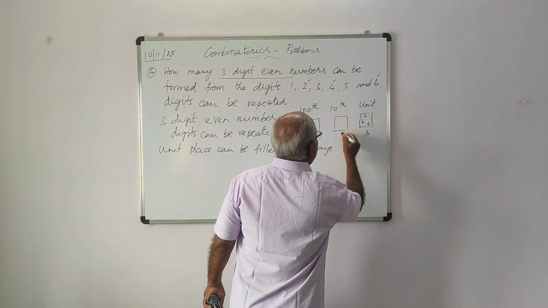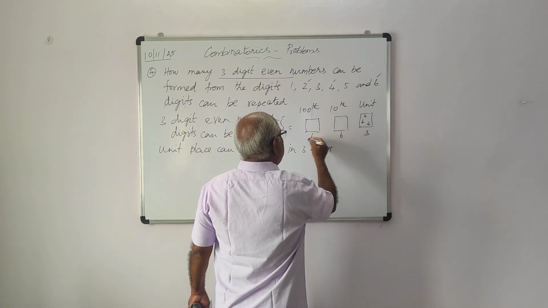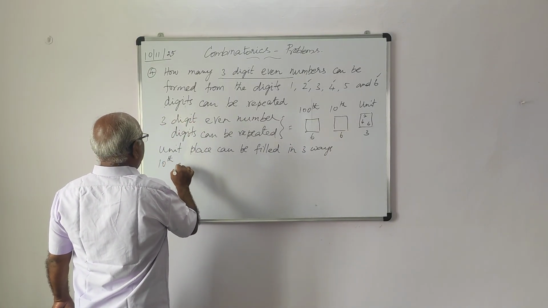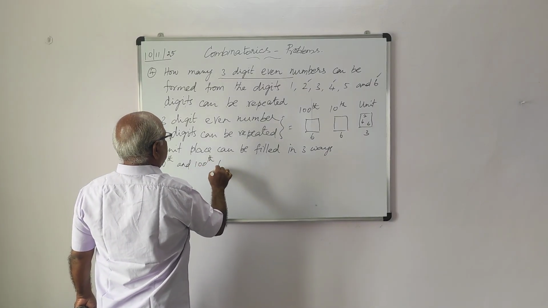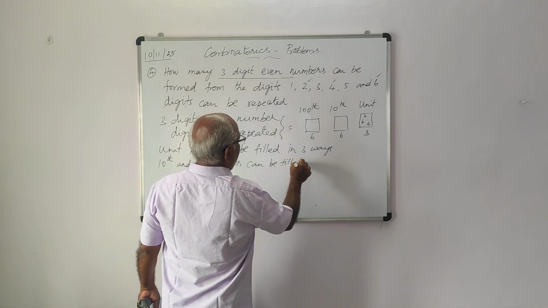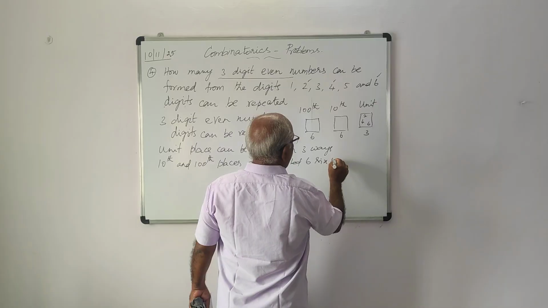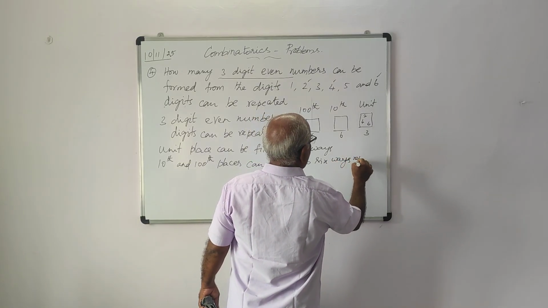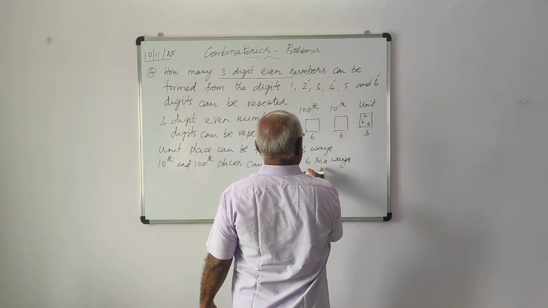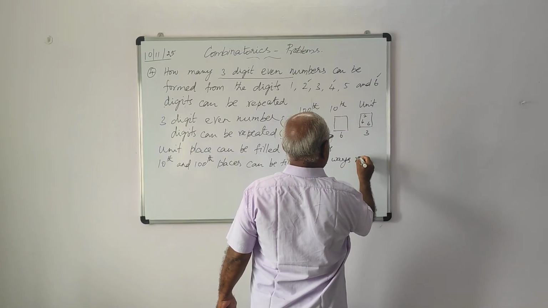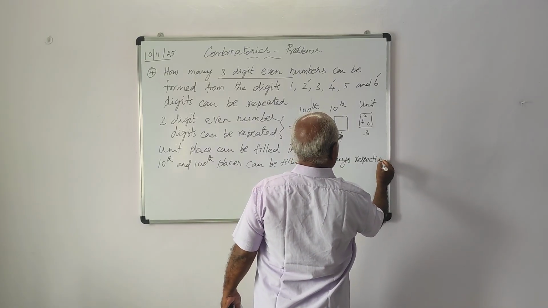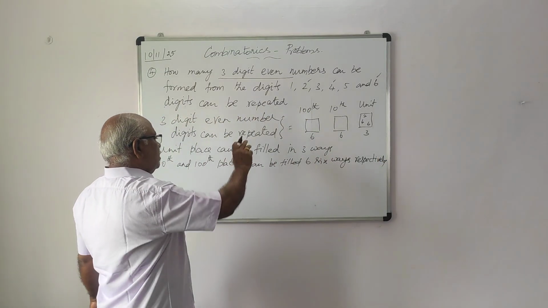Therefore, the 10th place can be filled in 6 ways, and the 100th place can also be filled in 6 ways. The unit place can be filled in 3 ways. The 10th and 100th places can be filled in 6 ways each, respectively.